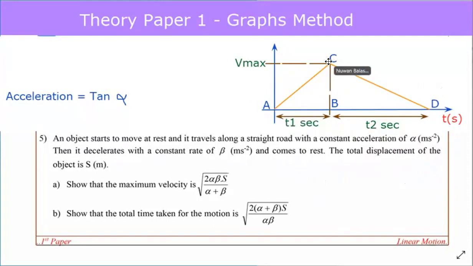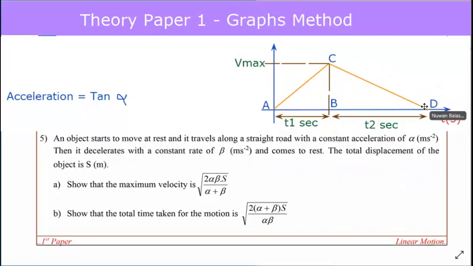Then it decelerates with the constant rate beta, and comes to rest, final velocity 0. The total displacement of the object is S. We can use it later. Draw this graph here. We cannot use alpha and beta for the angles because they have used alpha and beta for the accelerations and decelerations. Draw the graph here quick.